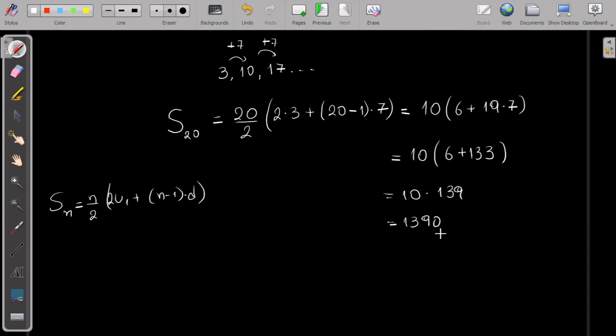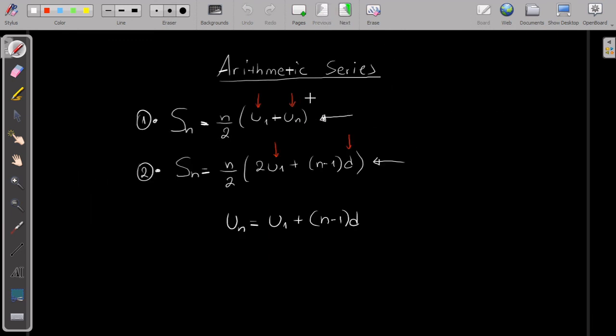And that's how I can easily calculate the arithmetic series, the sum of the first n terms.